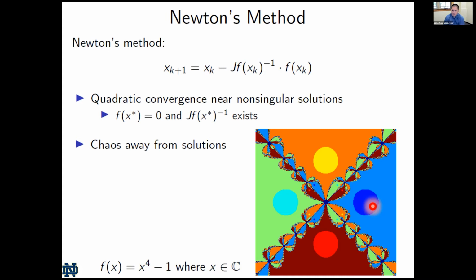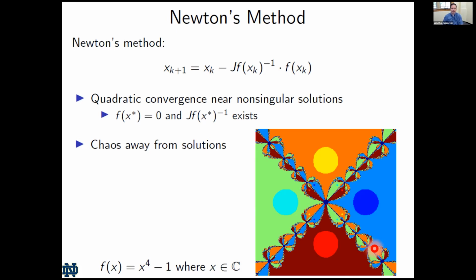You start anywhere near here, you're going to get very quick convergence to that root. However, if you're far away, you don't know where the roots are, you can land in these chaotic boundary regions. Small perturbations will lead you to completely different answers. They may not converge. They may take a long time to converge. Numerical errors can accumulate, and then you're sort of lost.